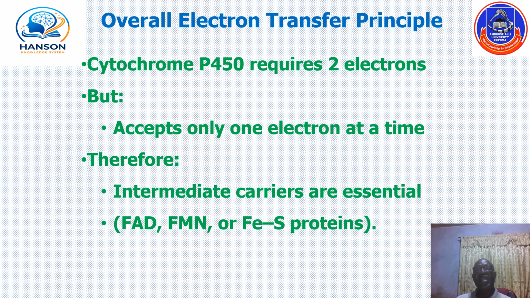But this enzyme accepts only 1 electron at a time. Therefore, intermediate carriers are essential, and these are FAD, FMN, or iron sulfur protein.